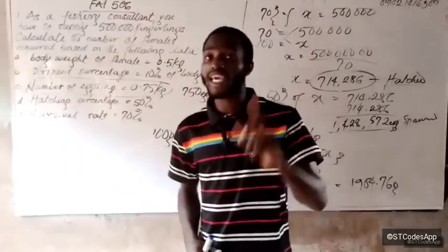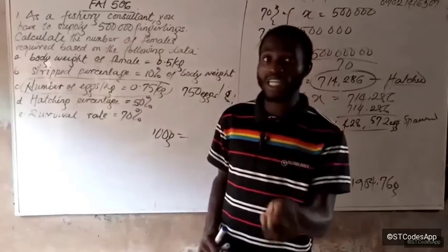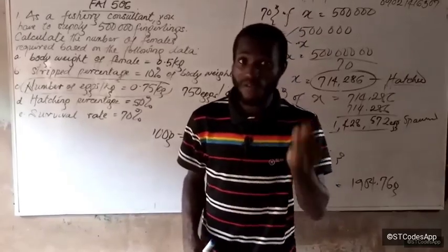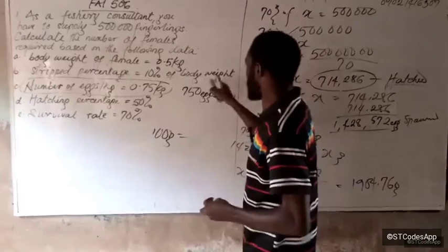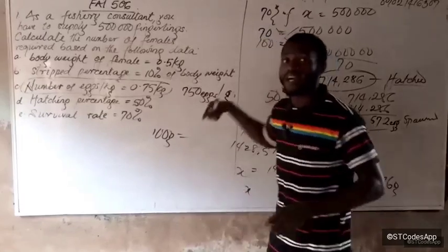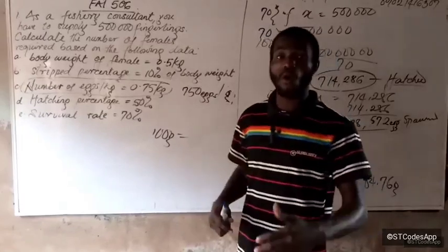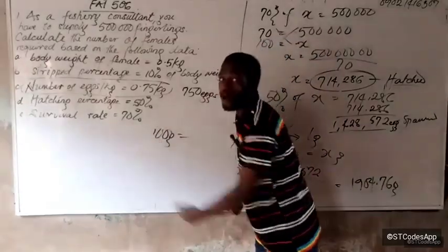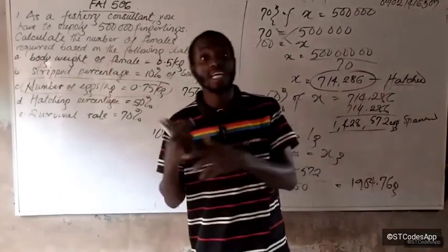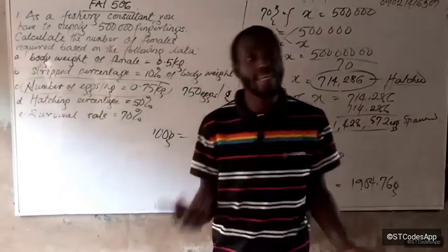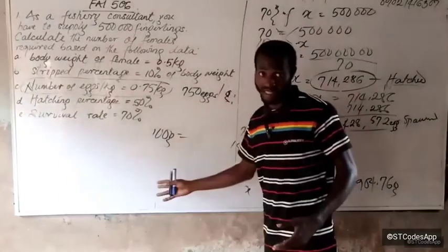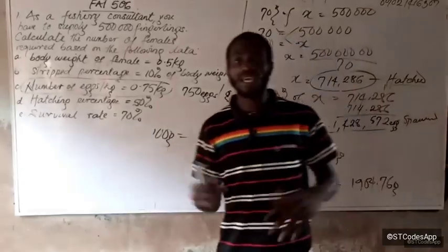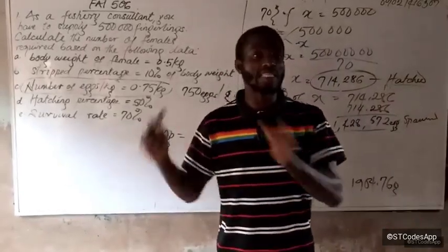If in 1 kg of fish I stripped only 10% of its weight, the stripping percentage is 10% of body weight. So if the body weight of 1 kg is 1,000 grams, and I stripped 10%, it means I stripped 100 grams. Just divide 1,000 grams by 10. It's simple to say that 10% of anything is just that thing over 10.